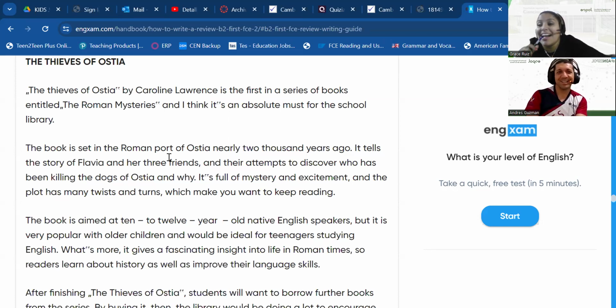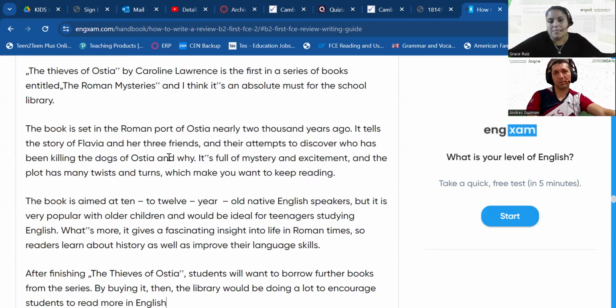So he or she thinks that it has a lot of mystery, excitement, and it has plot twists and turns, and also he or she is recommending the book for a range of children from 10 to 12 years, and students, teenagers that are learning English as a second language.